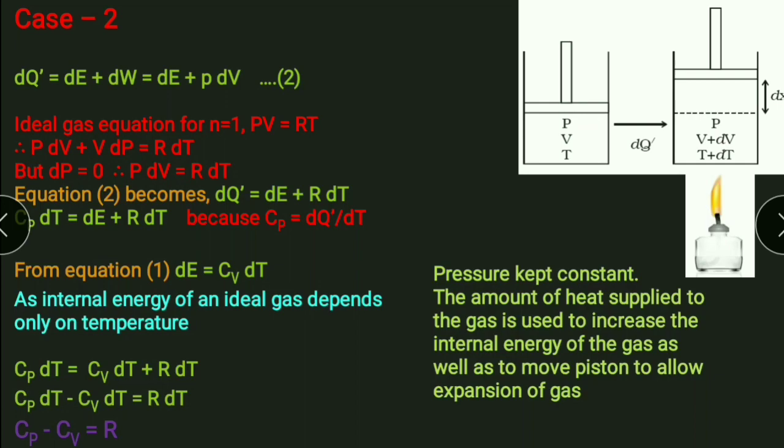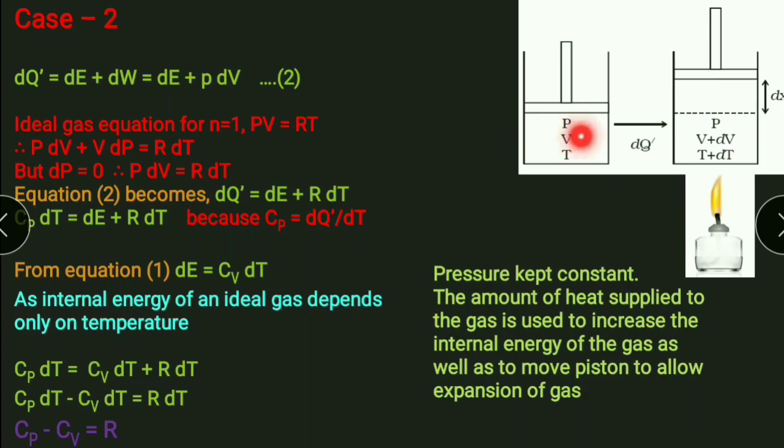But here pressure is constant because as we supply heat to the container, the volume of the gas increases to keep pressure constant. So this is nothing but Charles' law. At constant pressure, volume is directly proportional to temperature.